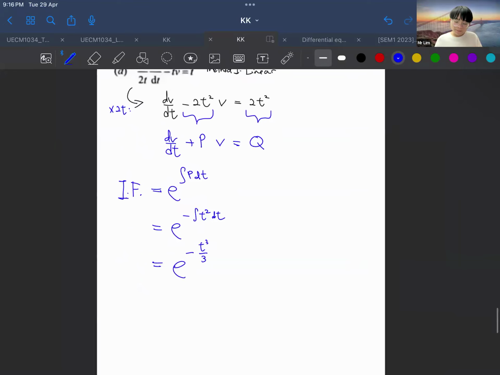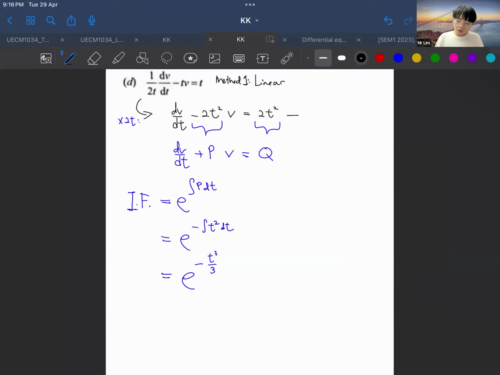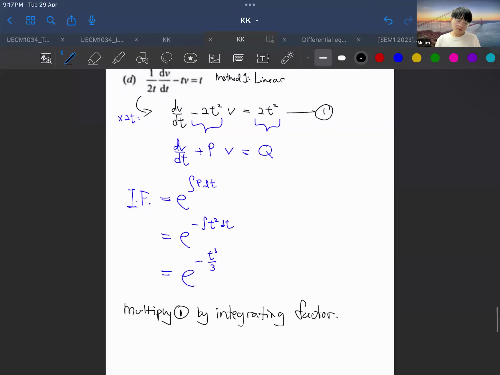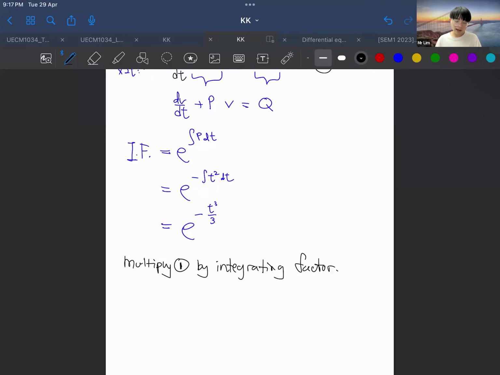So next step, we call this equation 1, the general form, the general formula. We multiply equation 1 by the integrating factor, just IF. Sometimes I just write IF. So what do you get?